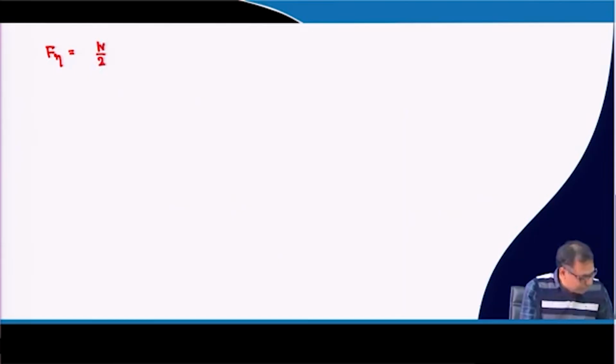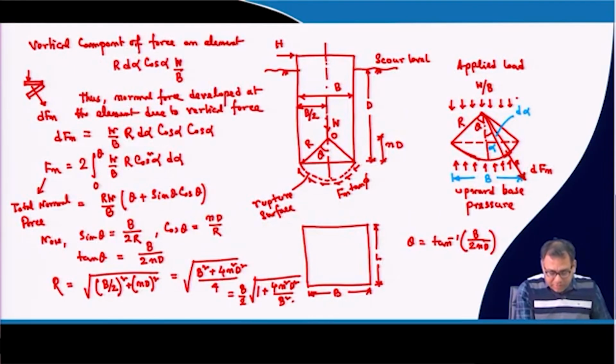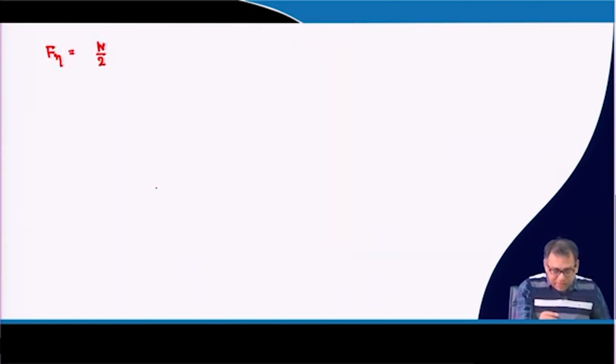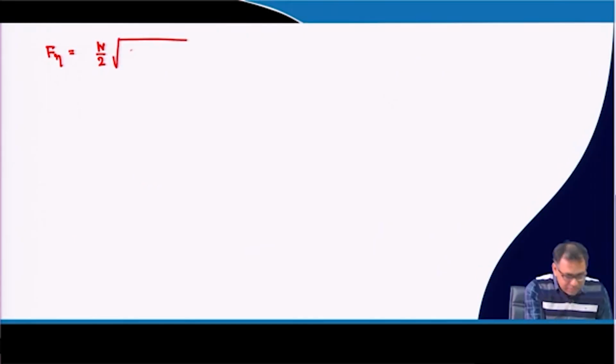If I put all this theta, sin theta, cos theta value and R value in terms of N D and B, and simplify the equation, then I will get the Fn expression like this. So, W by B root over 1 plus 4 N square D square divided by B square, because this is R.